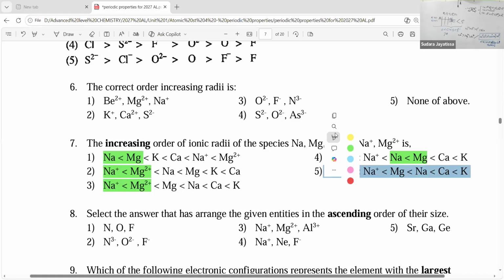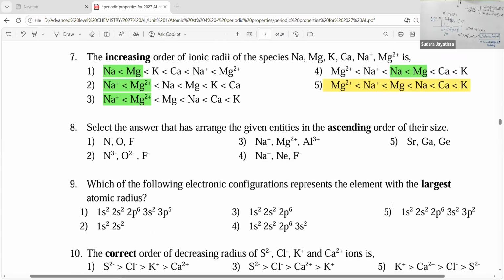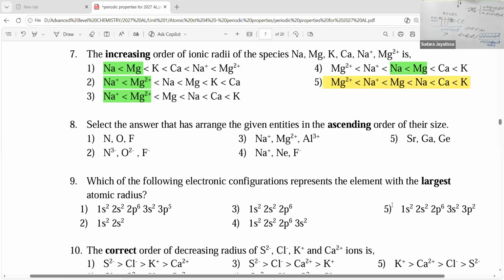Okay, online students. Okay, go to question number 8. Select the answer that has arranged the given entities in the ascending order of their size.